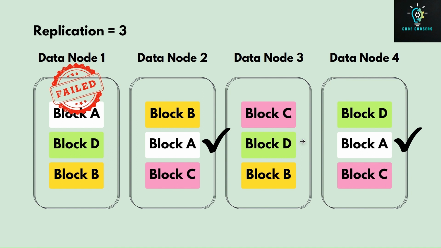The replicas of block A are present in data node 2 and data node 4. But Hadoop will search for the replica of block A which is very near to data node 1. Here the replica present in data node 2 is much nearer to data node 1 compared to the replica present in data node 4. So Hadoop chooses the replica of block A from data node 2 over the one in data node 4.